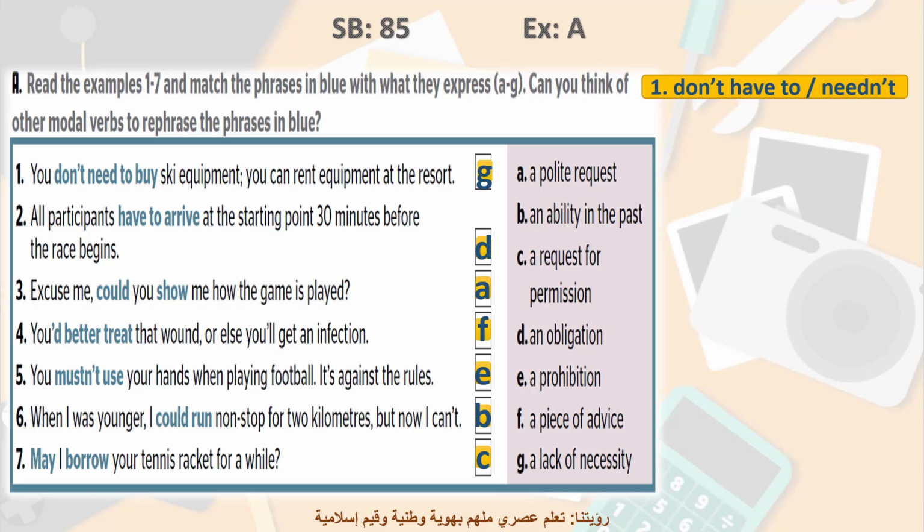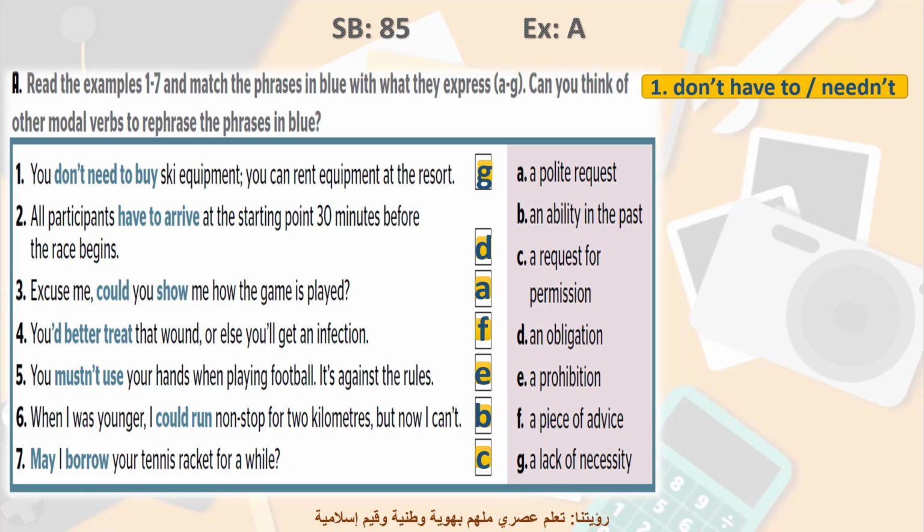So if you want to express lack of necessity, you can say you don't need to, or you don't have to, or you needn't, plus the stem of the verb. Number 2, we want something else to express an obligation.